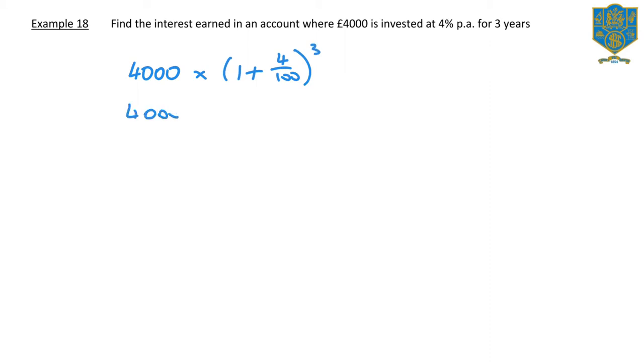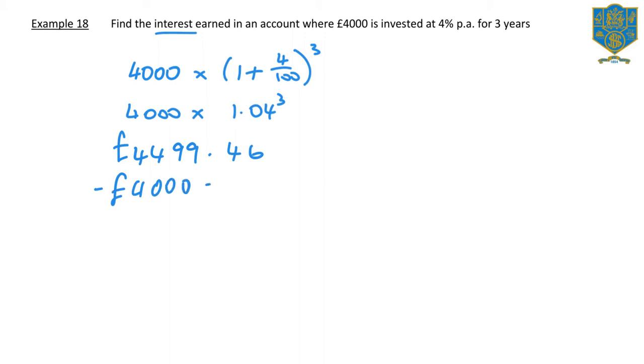So that's 4,000 multiplied by 1.04 cubed, which gives us £4,499.46. And that's the new total, but we were asked to find the interest earned. So what we need to do is take away the original amount, which is £4,000, and we get that the interest was £499.46.